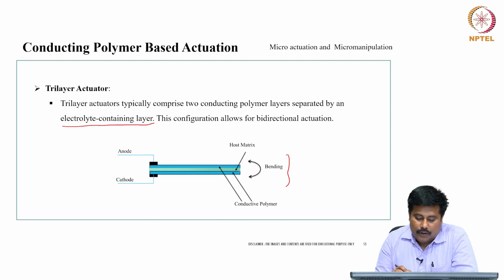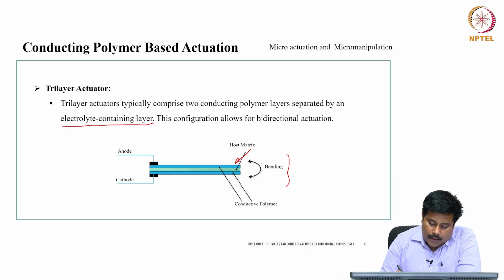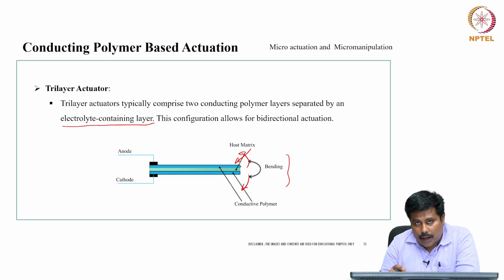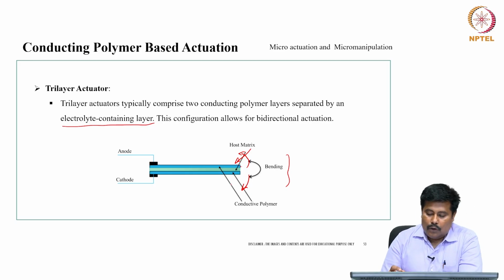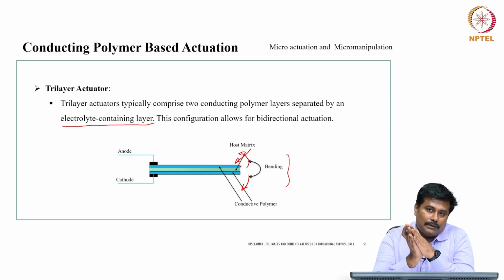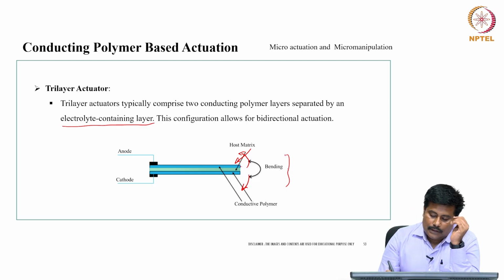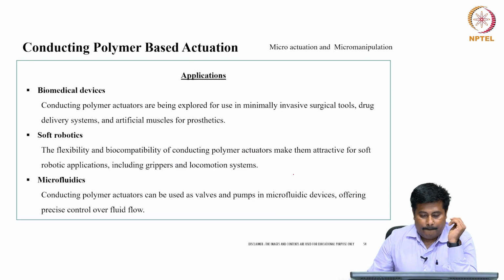When we actuate, one is trained to actuate in this direction and the other one is trained in the other direction. However, the host matrix acts as a buffer layer in such a way that it will compensate both the actuation in the positive as well as in the negative direction, or I can say it can support the actuation in both the directions. So that's how it can work.